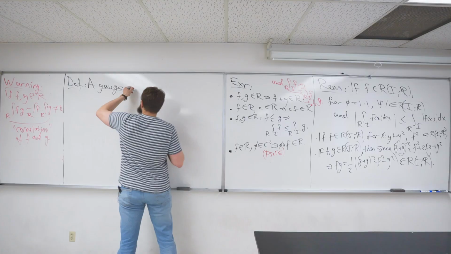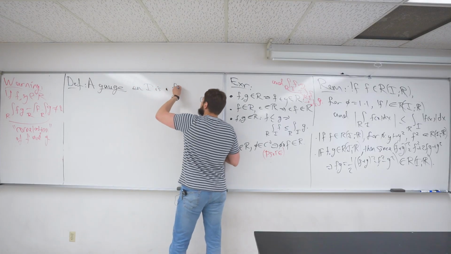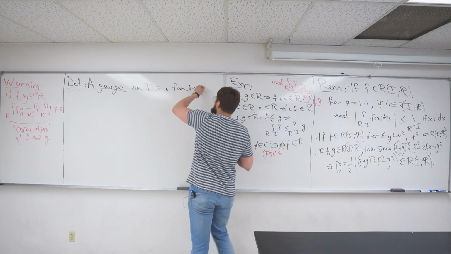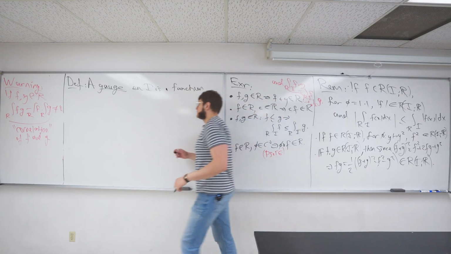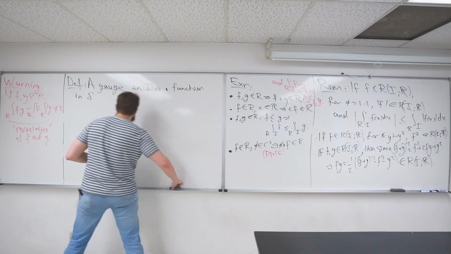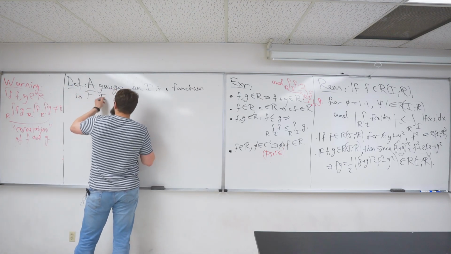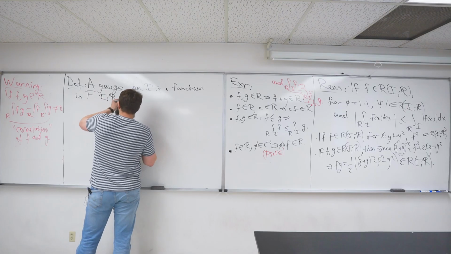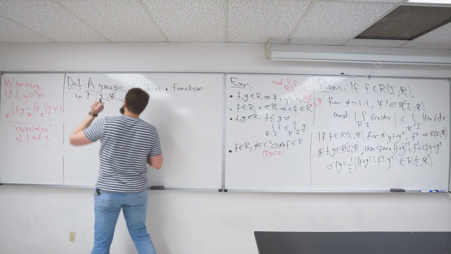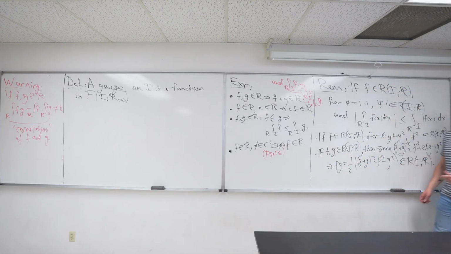A gauge on I is a function in the set of all functions from I into positive reals. So innocent looking of a definition, you see. A gauge is nothing but a function that takes positive values.